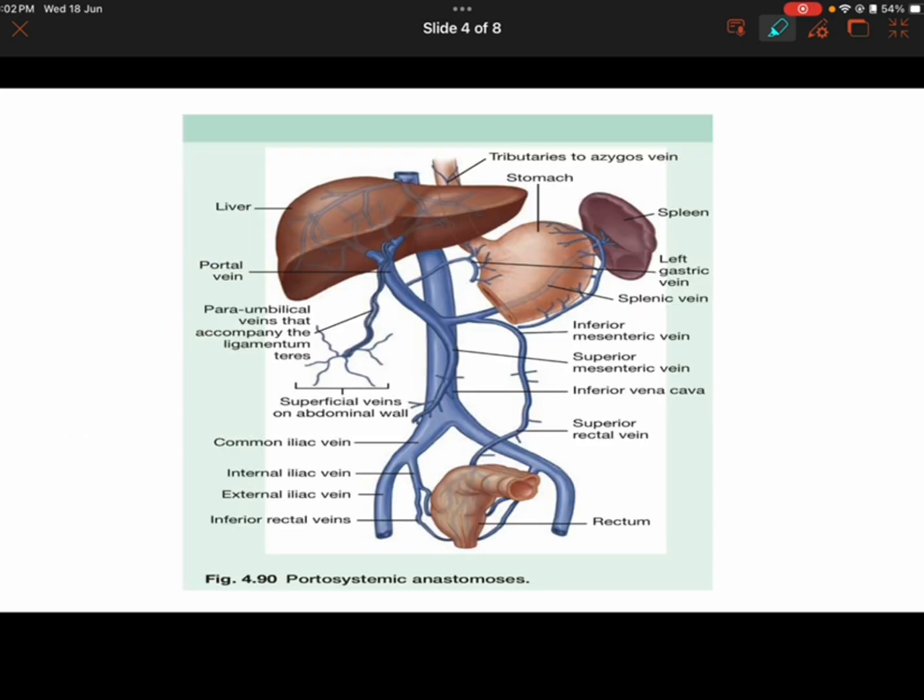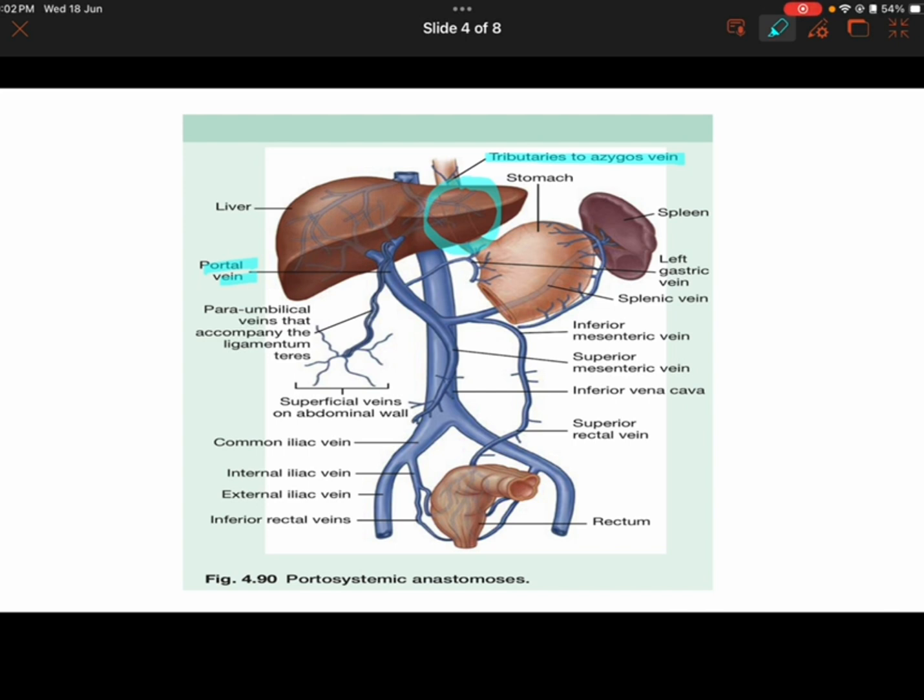Let's see a diagram. So in this diagram, first of all, here there are the tributaries of the azygous vein and also portal vein, and at the lower end of esophagus there are some portosystemic anastomosis formed.